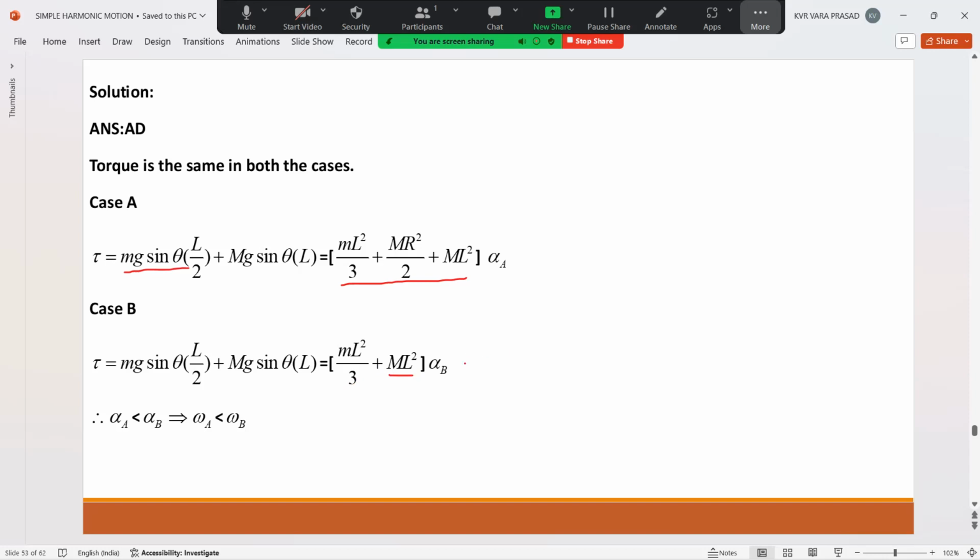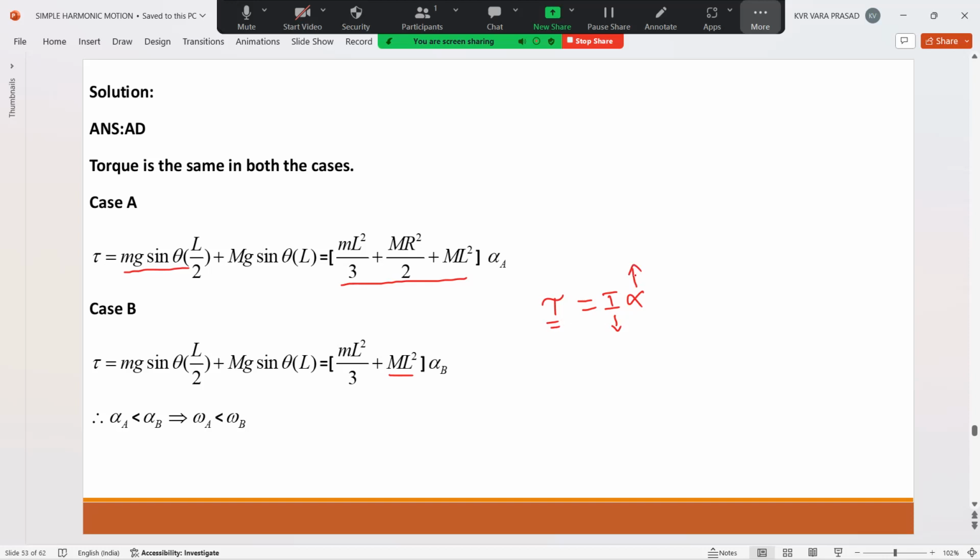That means in the second case, the I value is less. When I value is less, alpha is more. I am writing here, tau equals I into alpha. The tau value is the same for both cases, but the I value is less in case B. Therefore, alpha B is more.